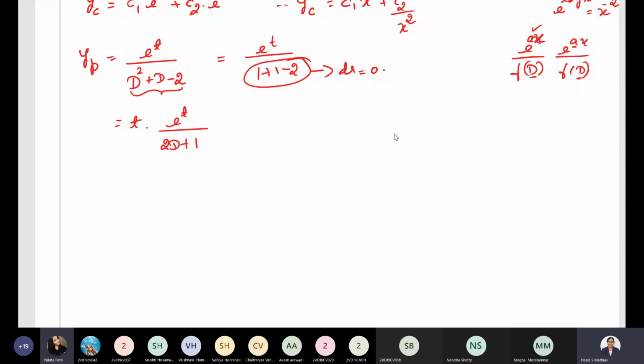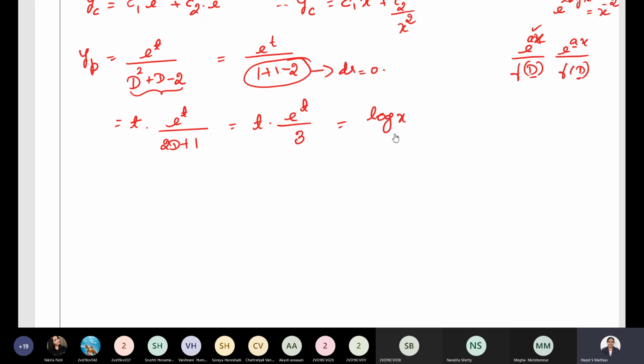Suppose the denominator becomes equal to 0, we used to multiply by t, then e power t divided by differentiation of the denominator, which is 2D plus 1. Now again repeat the concept. Replace D by 1. When we replace D by 1, we get 2 plus 1, that is 3. So now replace the variable t by x. x is what?